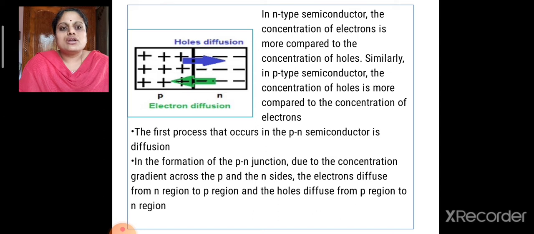In the formation of the PN junction, due to the concentration gradient across the P and the N sides, the electrons diffuse from the N region to the P region and the holes diffuse from the P region to the N region.